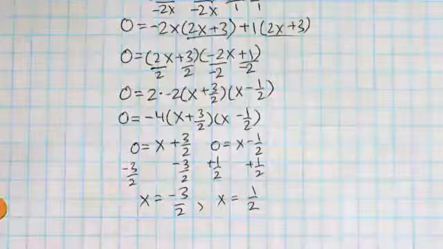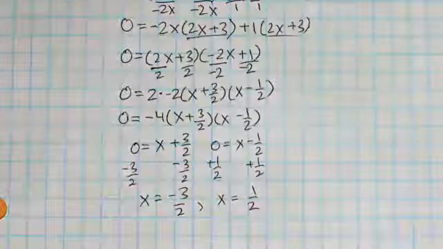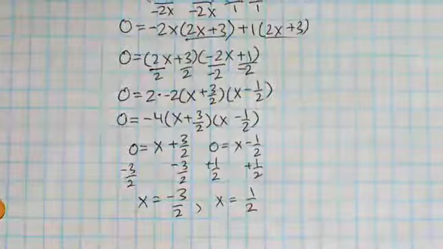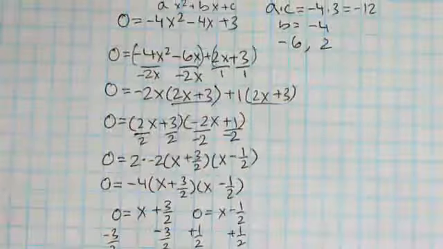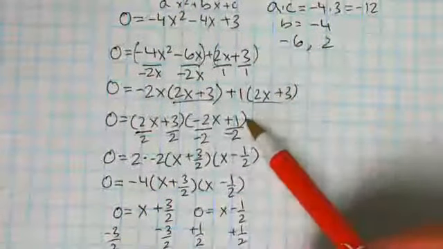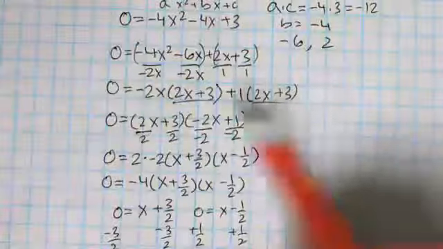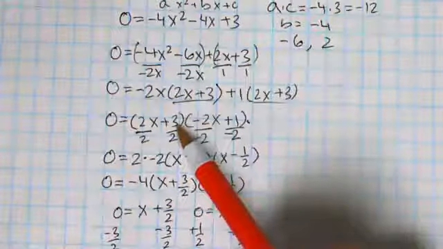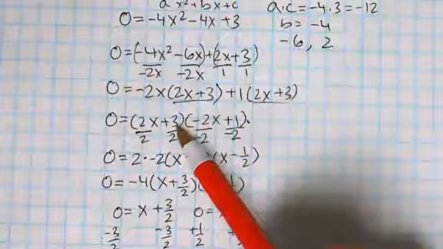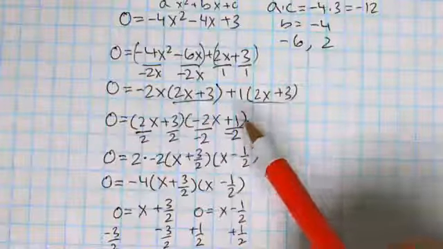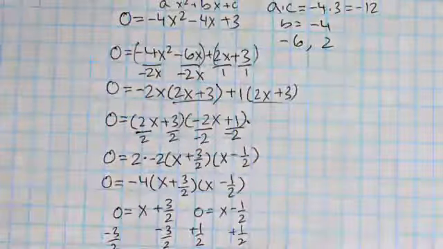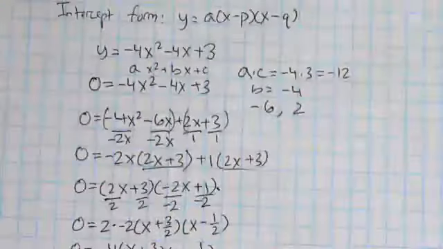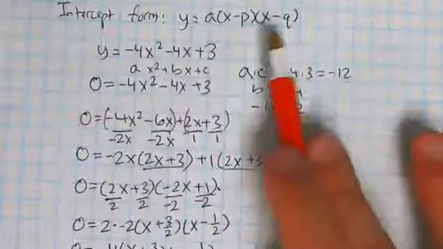The reason why I wanted to talk about this is because I'm pretty sure that there might be a few instances where some of you are going to be going through these problems and you're going to hit this point before doing the dividing and just say, oh, well, my x values are negative 3 and negative 1, not realizing that you also need to factor the values that are multiplied by the x's out in order to get it into our intercept form up here.